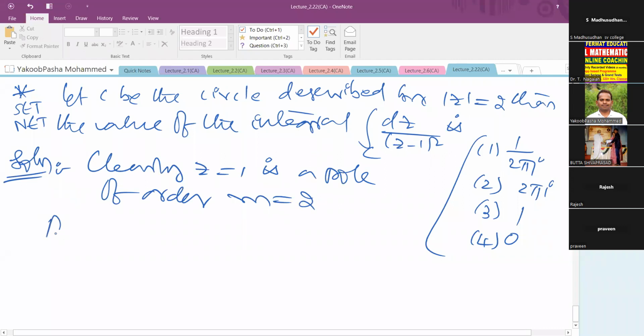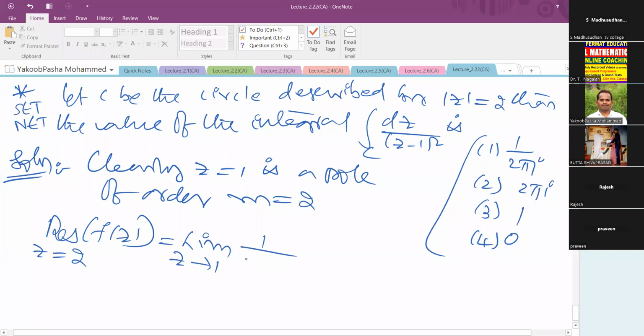That is, the residue of the function f of z at z equal to 1 is equal to limit z tends to 1, 1 by 2 minus 1 factorial into d by dz of (z minus 1) whole square into f of z.